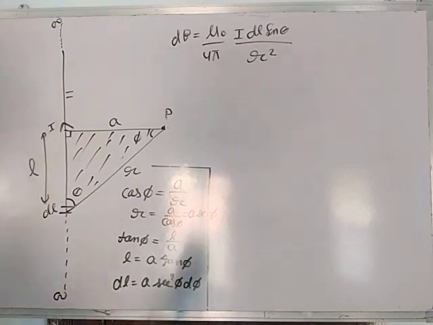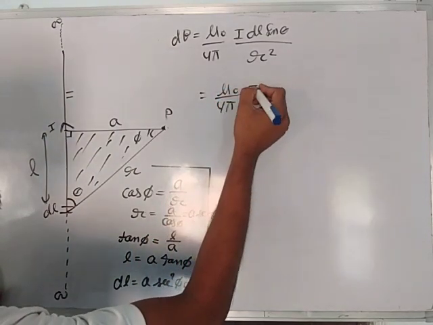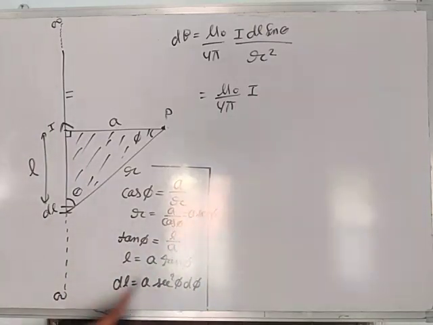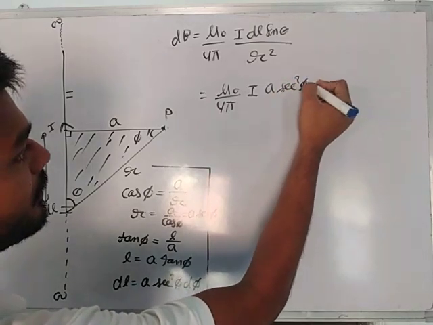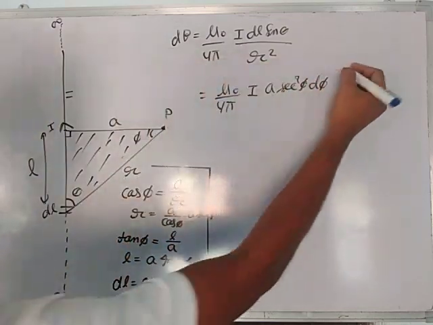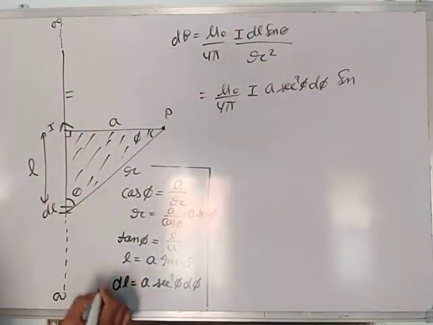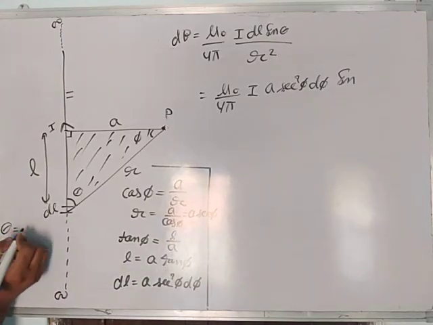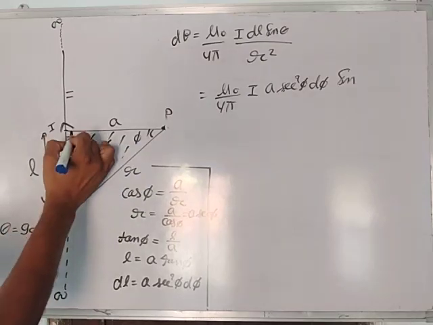Substitute these values. Mu naught upon 4 pi I dl, where dl is equal to A sec square phi d phi. And sin theta. We are going to substitute theta is equal to 90 minus phi from this triangle, because this is a right angle triangle.